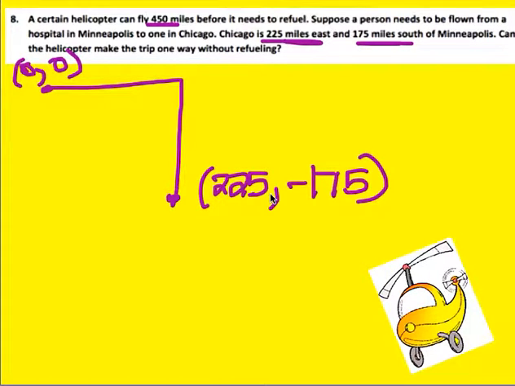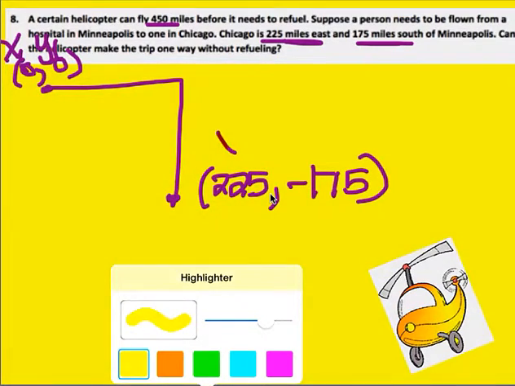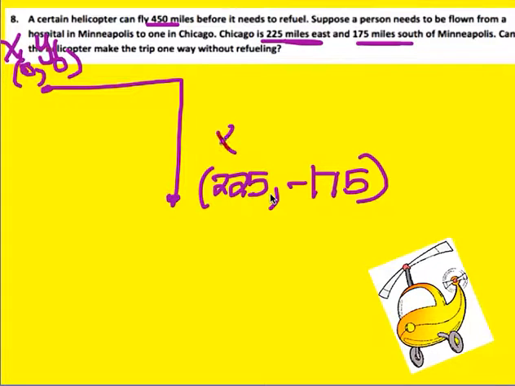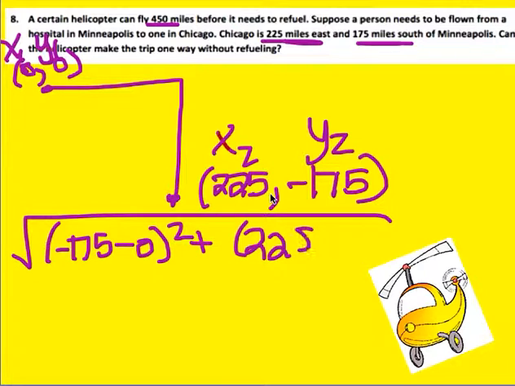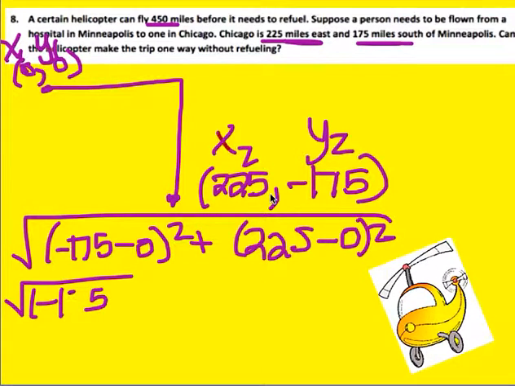Now I can do the distance formula because I have x1, y1, x2, y2. So I'm going to have the square root of y2 minus y1 squared plus x2 minus x1 squared. Since I'm subtracting off 0, it's really just negative 175 squared plus 225 squared.